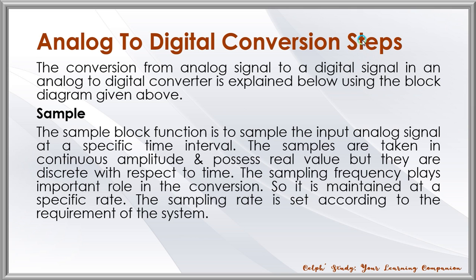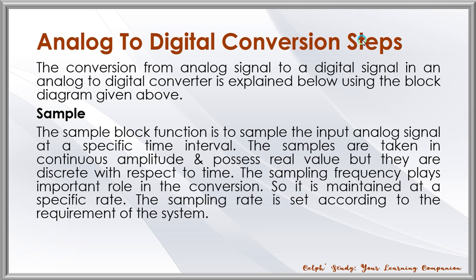So, analog to digital conversion steps. In our previous slides, we saw what our analog to digital converter looks like, and the specific blocks the signal needs to pass through to perform analog to digital conversion. First, the sample block.